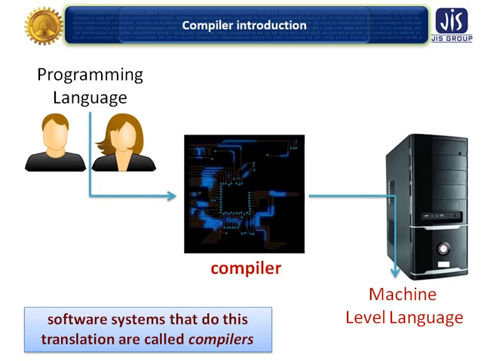But before a program can be run, it first must be translated into a form in which it can be executed by a computer or the machine. The software system that does this translation is called a compiler.